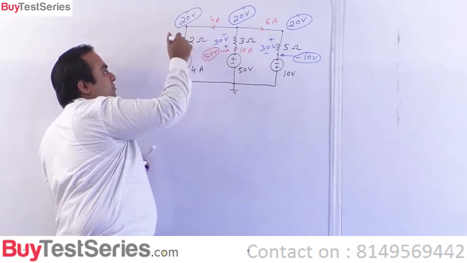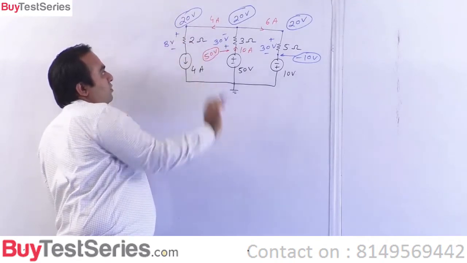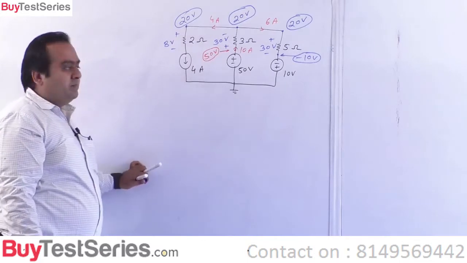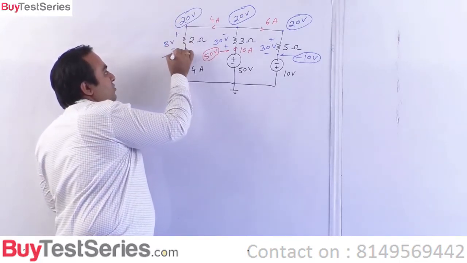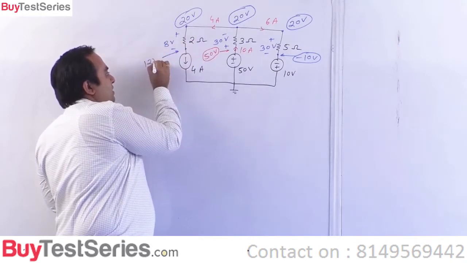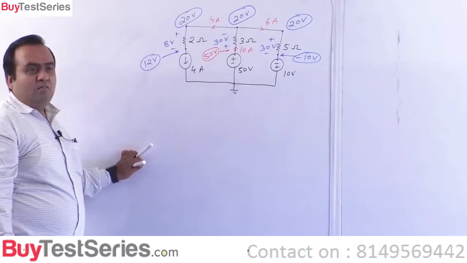If this 4 amperes comes out like this, this has to be 8 volts. Is it okay? So 20 minus 8, this voltage has to be what? 12 volts. The potential at this point must be 12 volts.